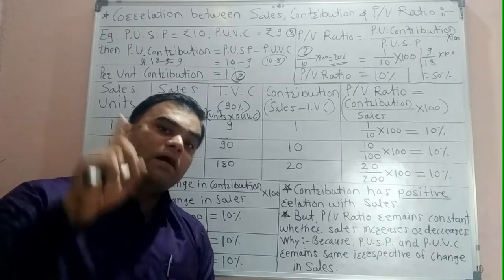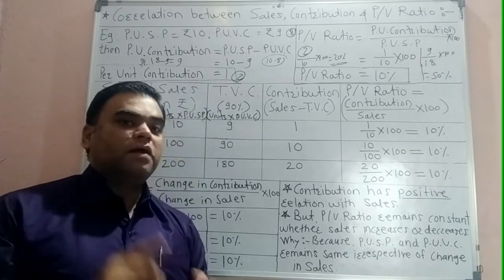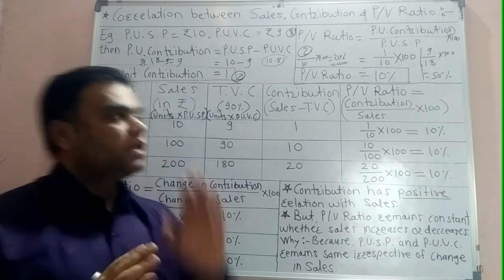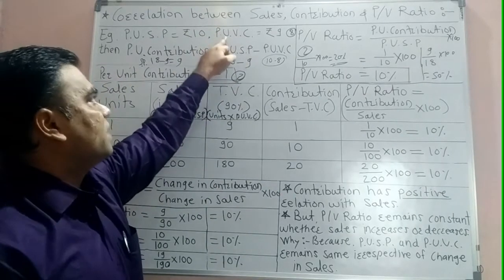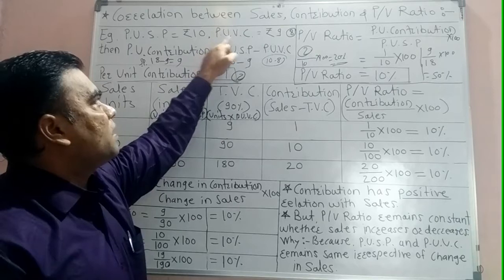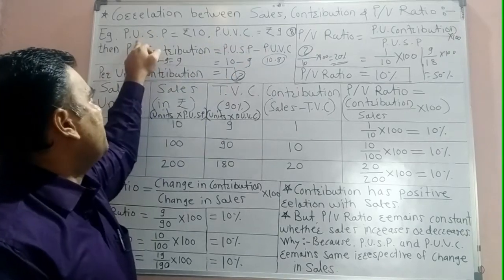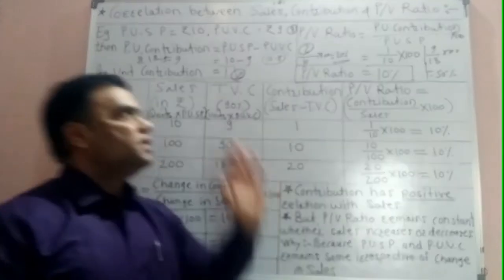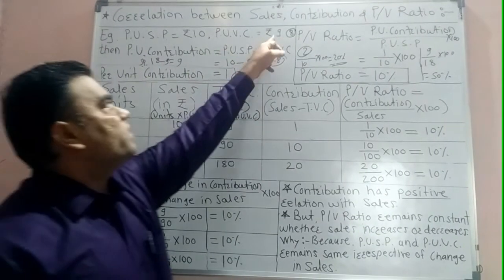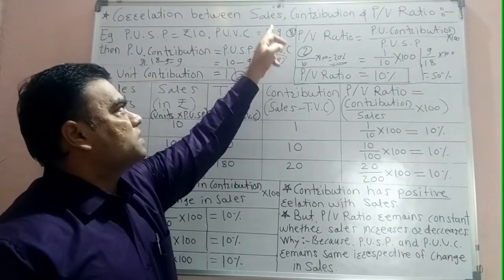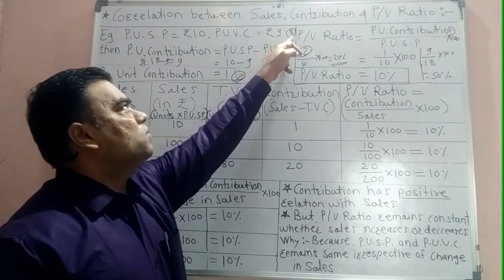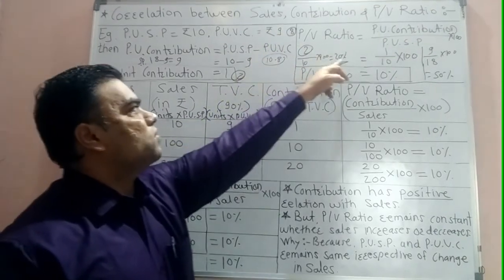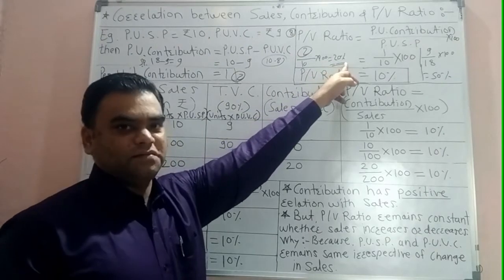also remain unchanged. But if you make a change in any one of these variables, either in per unit variable cost or in per unit selling price, then your PV ratio will change. As we have seen, when we made a change in per unit variable cost, instead of 9, if we took new variable cost 8, then our PV ratio changed to 20%.